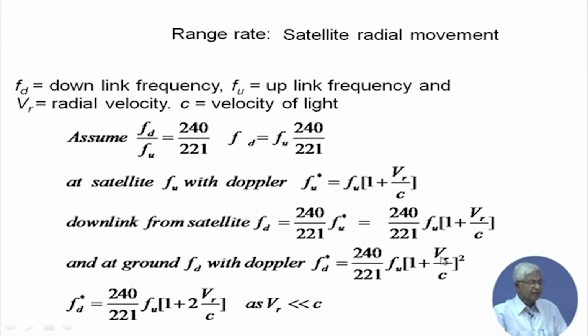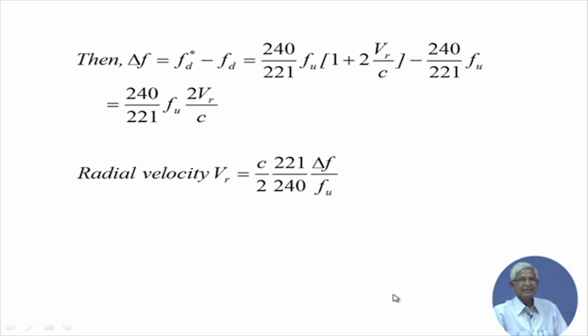Now, the square means 1 plus VR by C whole square, which gives 1 plus 2 VR by C plus VR by C whole square. Now, the radial velocity VR is very small compared to the velocity of light, so we can neglect VR by C whole square. In this case the term will be FD star equal to 240 by 221 FU into 1 plus 2 times VR by C, right.